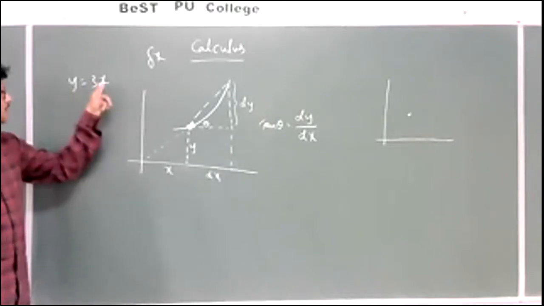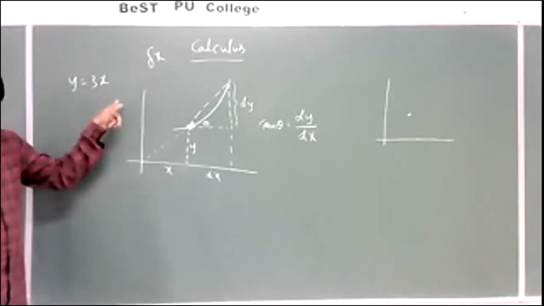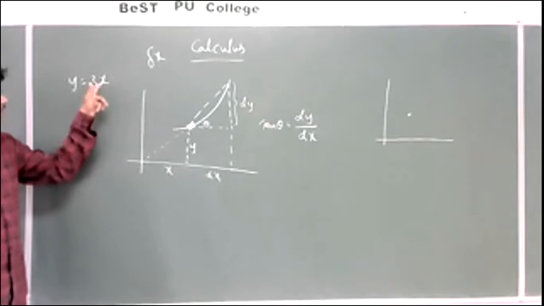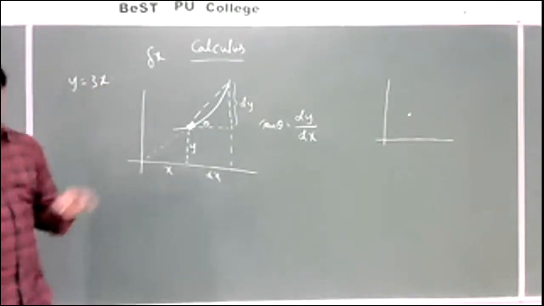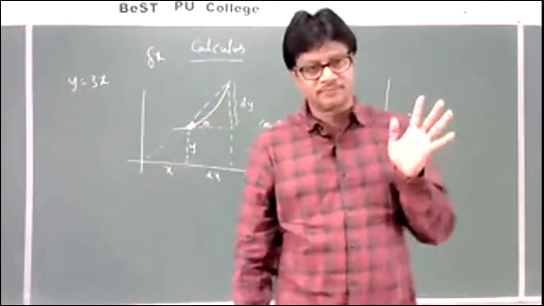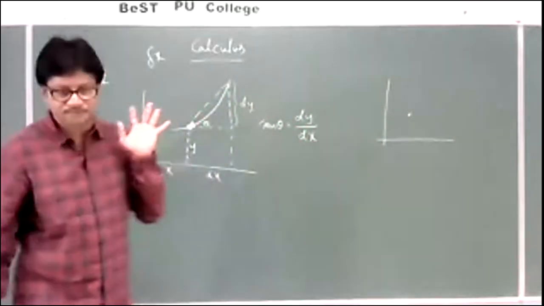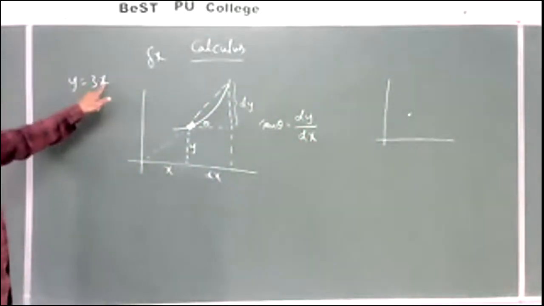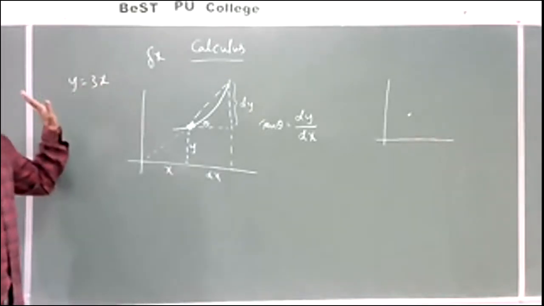If you take x value as 2, y is equal to 6. If you take x value as 3, y is equal to 9. So the y value depends on the x value. That's why we call y the dependent variable and x the independent variable.